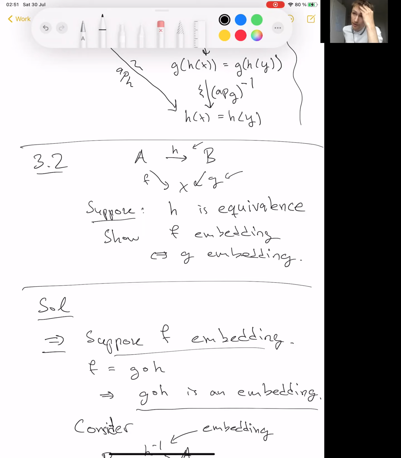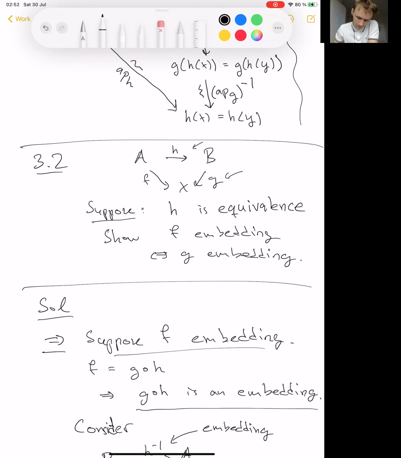Why would that imply that G is an embedding? That's a good question. Well, maybe we can try to prove it and see where we go wrong, actually.